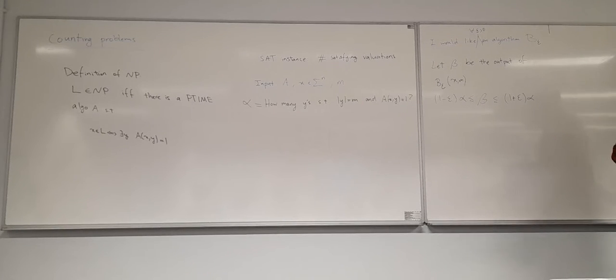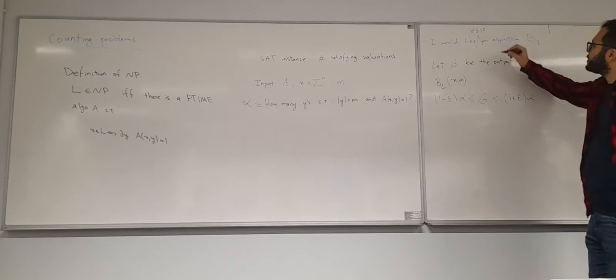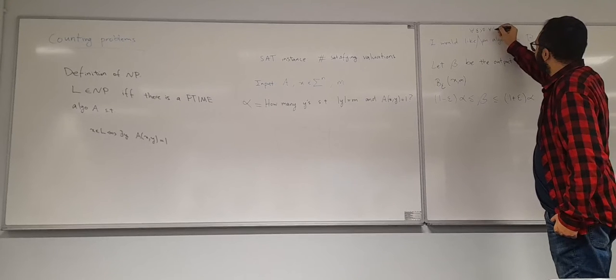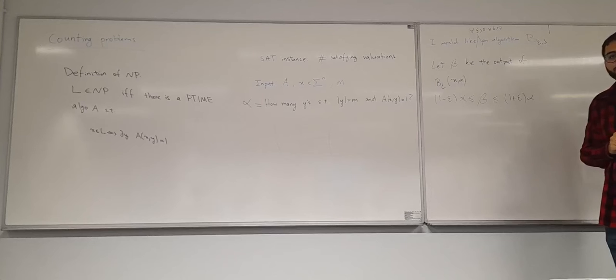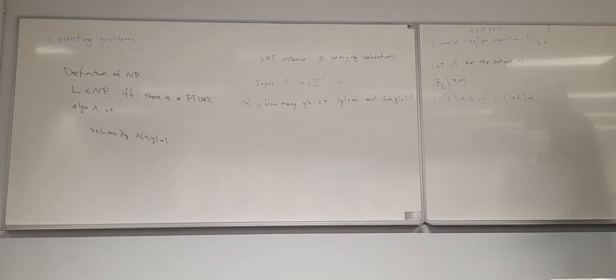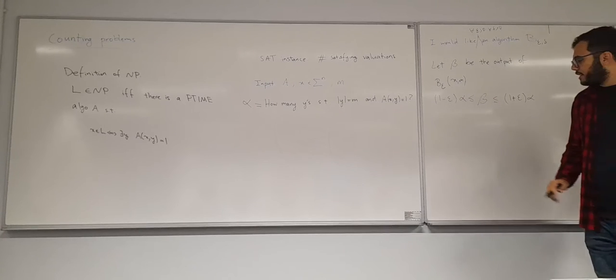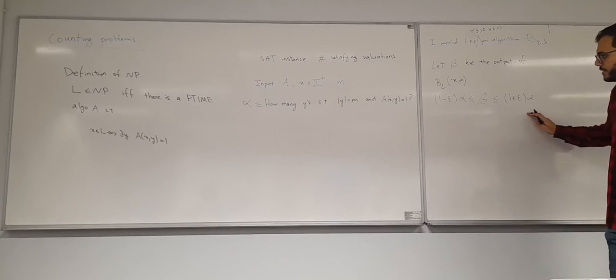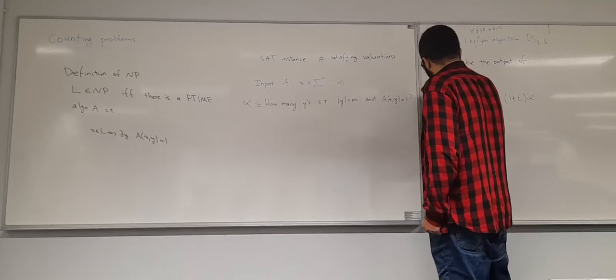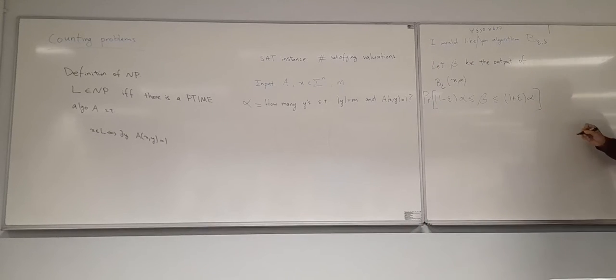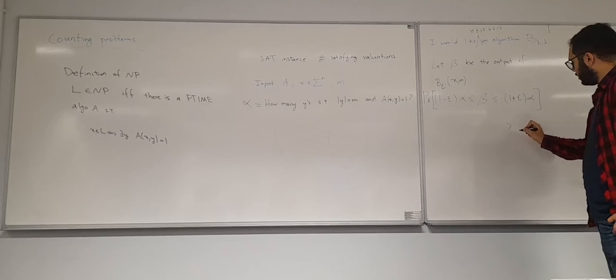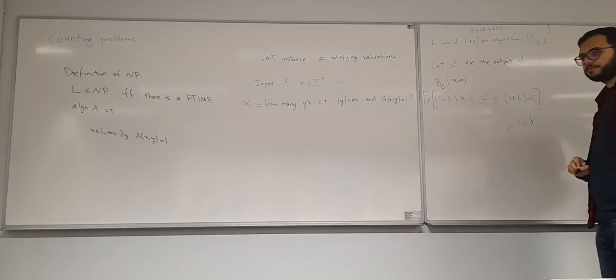Let's call that probability delta. So for every epsilon and every delta, I want an algorithm with parameters epsilon and delta such that when I run it, the probability that I succeed is greater than or equal to 1 minus delta.